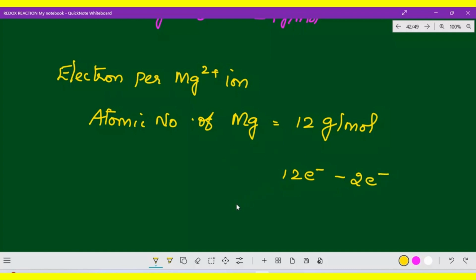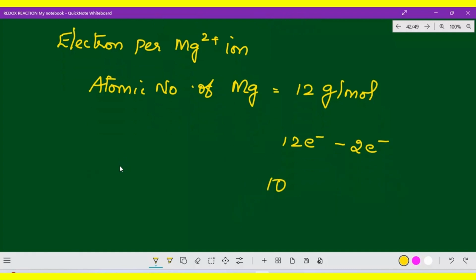How many electrons do you get? 10 electrons only. So the number of electrons in Mg2+ is 10.